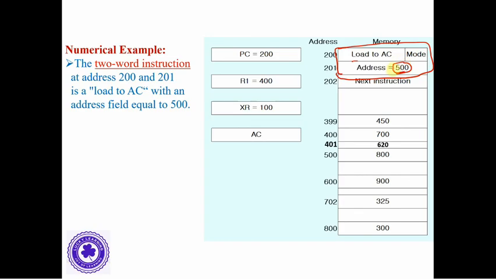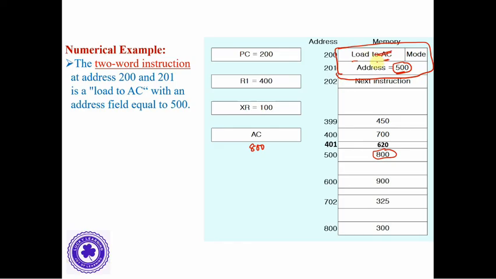At that 500th location, we have value 800. That value 800 is loaded into the accumulator, because it is a load, so by default the operand is the accumulator.